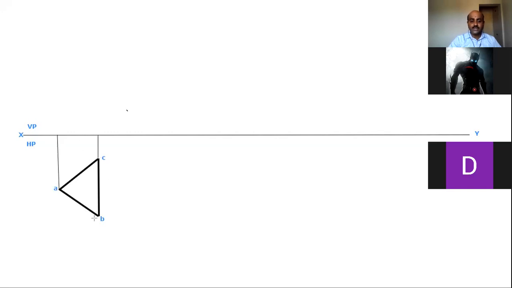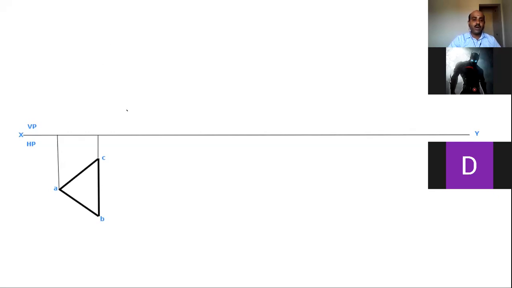But C, which is just behind B and collinear, will coincide with B and is not visible in the front view. So in the front view, you get only a straight line with the two points A and B visible, and C behind B, not visible, coinciding with B, so we show it as an invisible point.